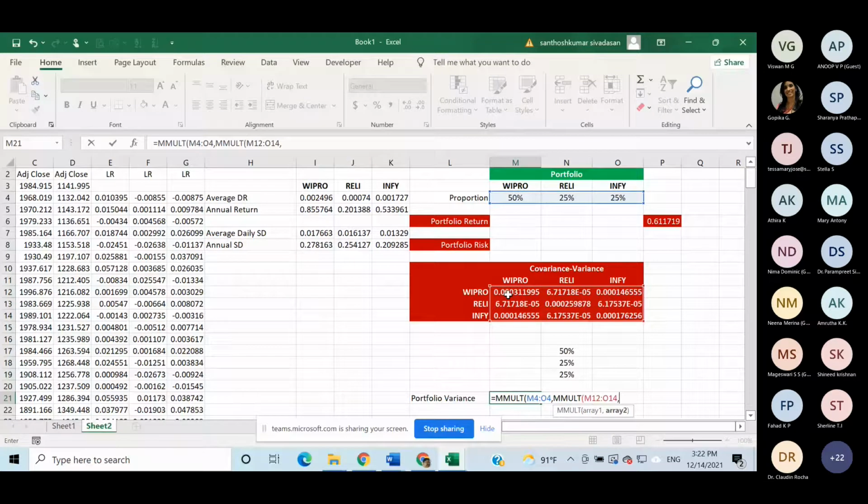If you have to multiply two matrices, what do you have to do?